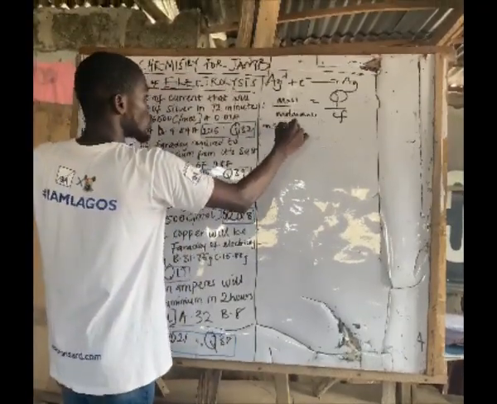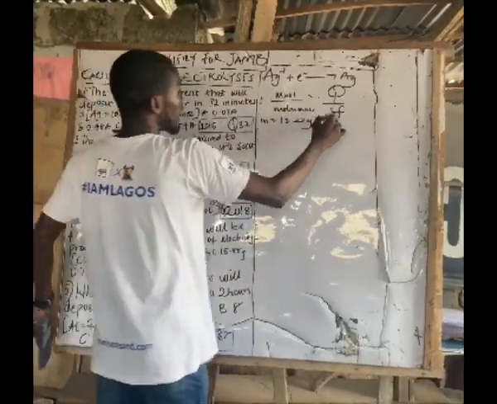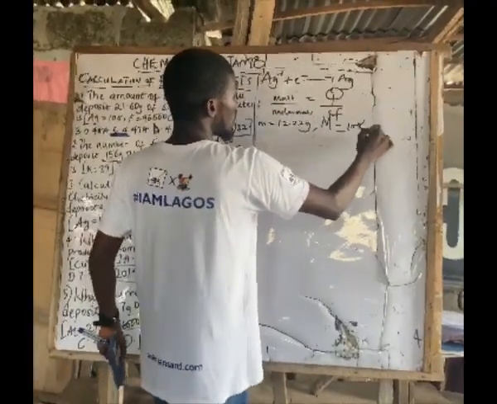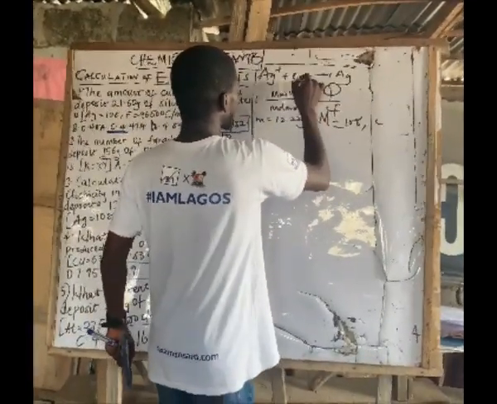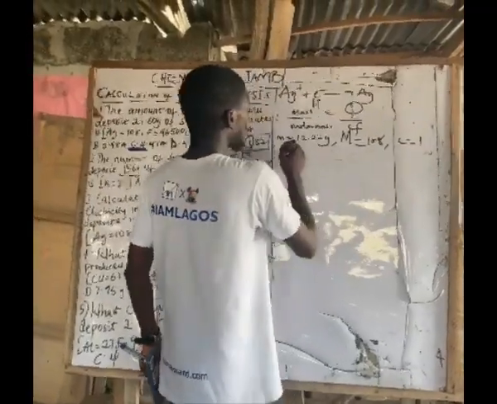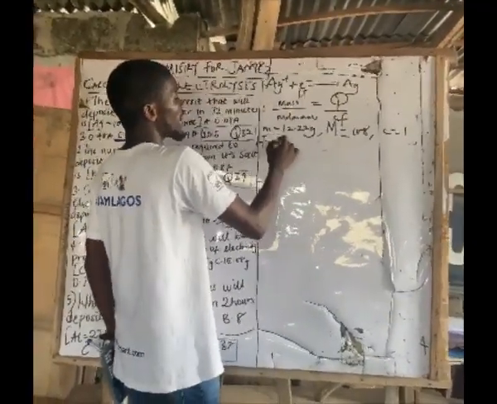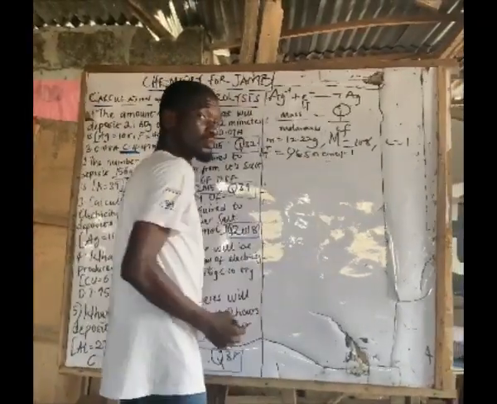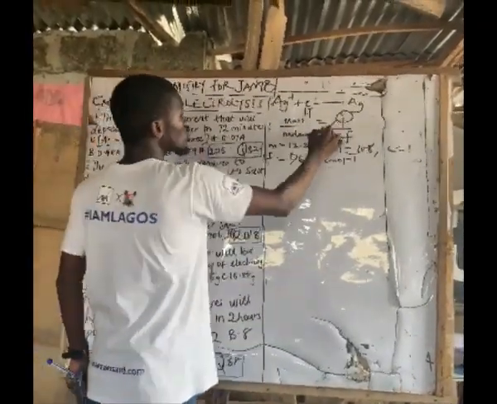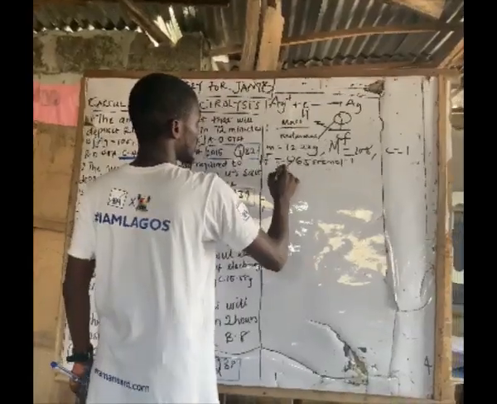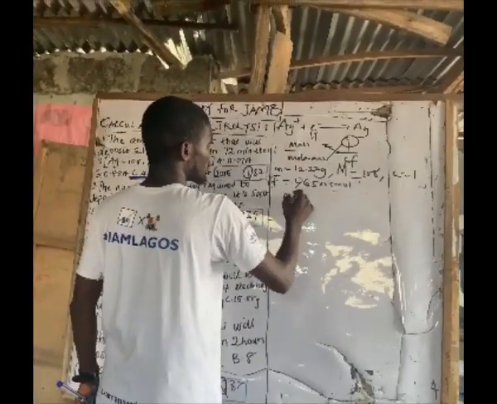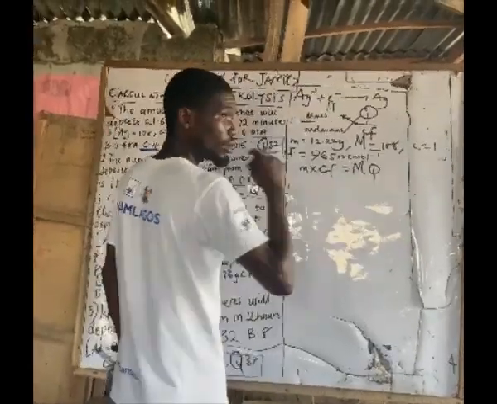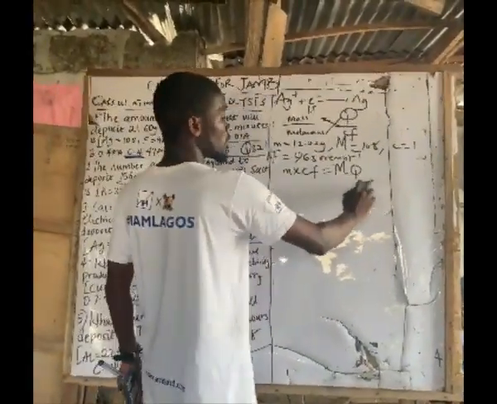What's our mass here? Our small letter m is 12.22 gram. Then our molar mass, we have it to be 108. Then what's our C? 1. Then we all know that our F, which is 1 Faraday, is constant. With that, just cross multiply. That will be small letter m mass times C times F is equal to capital letter M times Q. Now we have to make Q the subject of formula.